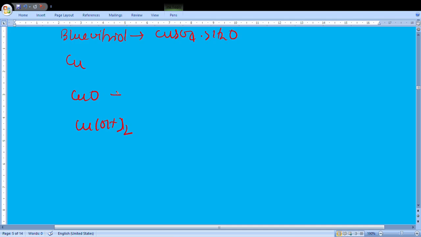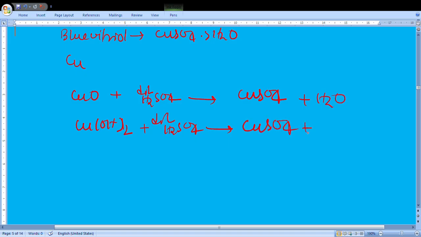In case of CuO and Cu(OH)2, we will take dilute H2SO4, and there will be the formation of CuSO4 plus H2O, CuSO4 plus 2H2O. This is a neutralization reaction.